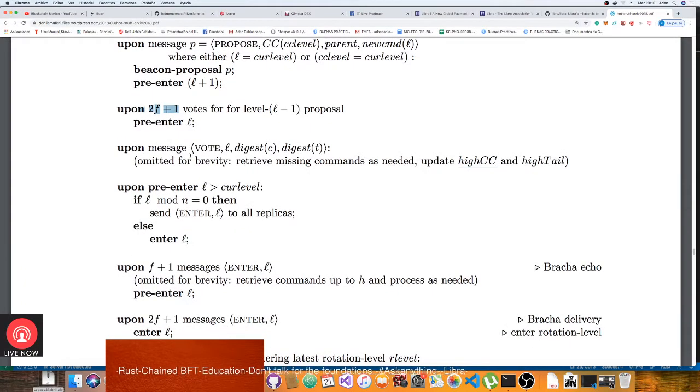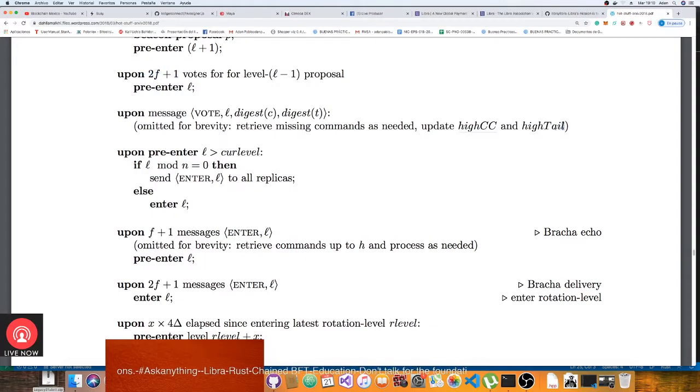So these cache on measures have a vote that has two different ways, the hash C and the hash T. Omitted for brevity, retry missing commands are needed. Update the high CC and the high tail. So this is the thing that maybe is not working very well in the way of handling the data that you have.